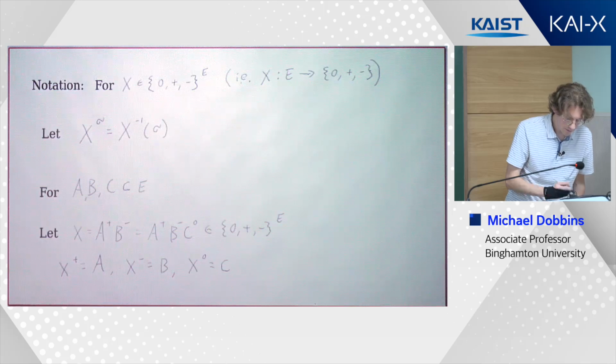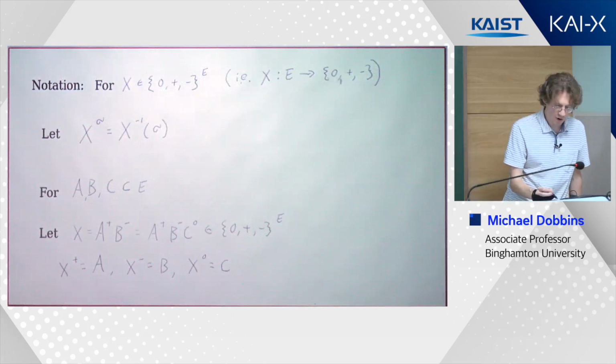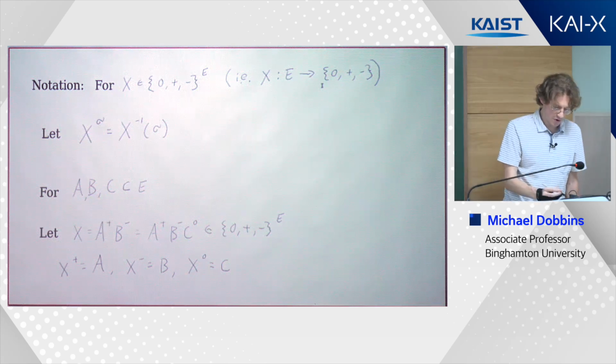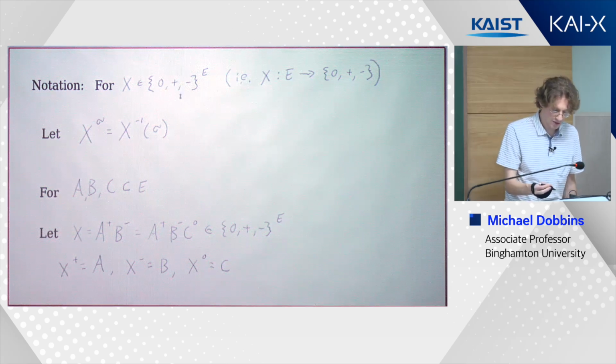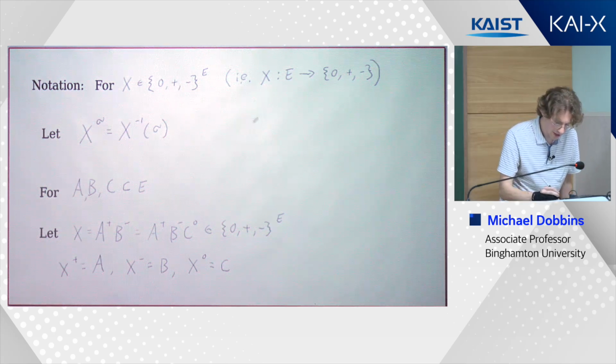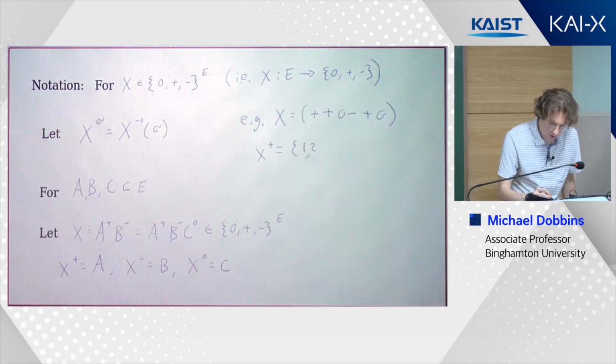So to get some intuition for what these represent, I will introduce some other notation. So I will write x with some plus, minus, or 0 at the top, to indicate all the coordinates where a certain sign vector is plus or minus, right? So if I write x is, let's just say plus plus 0 minus plus 0, then I could write x plus would be 1, 2, 5 in this case.